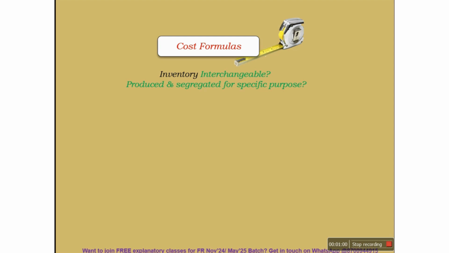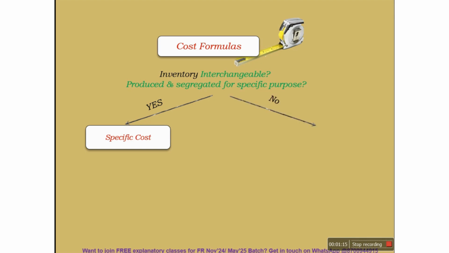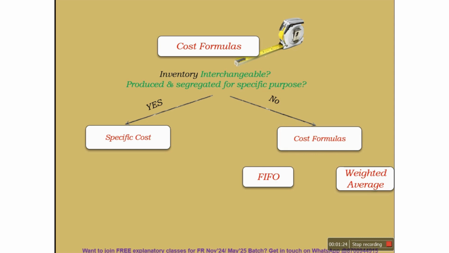So it's a matter of judgment to decide what is interchangeable. In case the inventory that we have sold is not interchangeable, then we need to apply a specific cost method to book the cost of the inventory. In the reverse case, if it is interchangeable, IND AS 2 allows two cost formulas. One is first in, first out method and another is weighted average method.